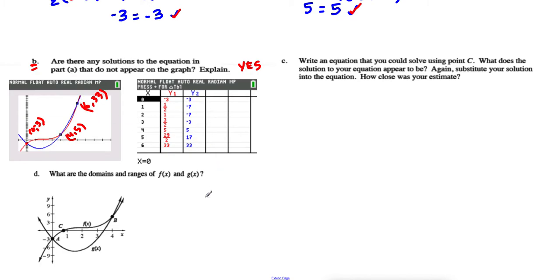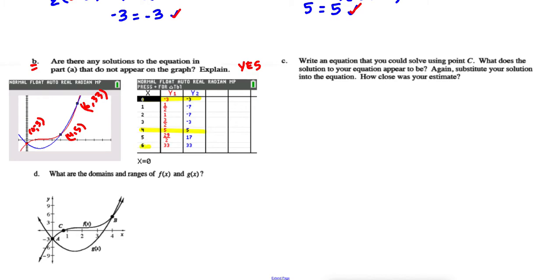I've also got the tables shown here. And if you look closely, we can say here that we've got this solution where our input here is 0, but then our outputs are the same. When x is 4, we also see that our outputs are the same.